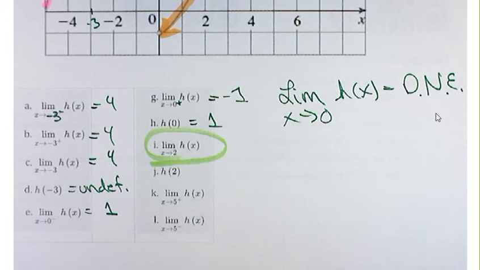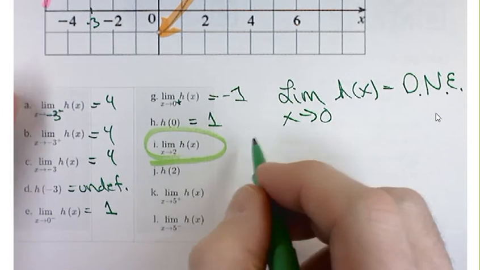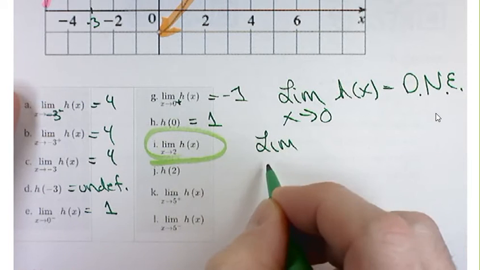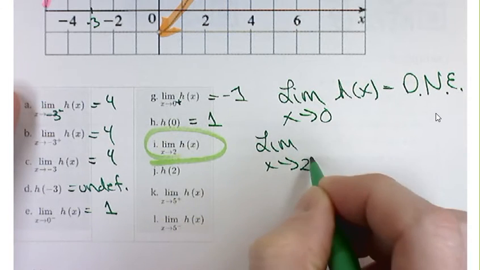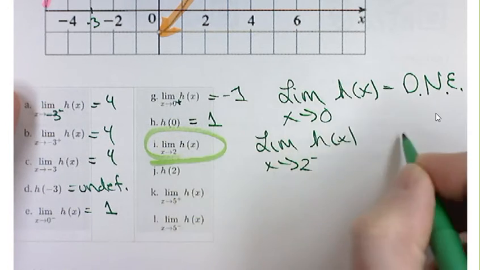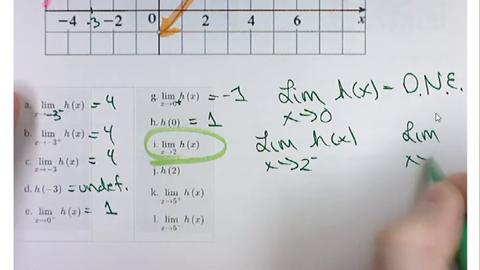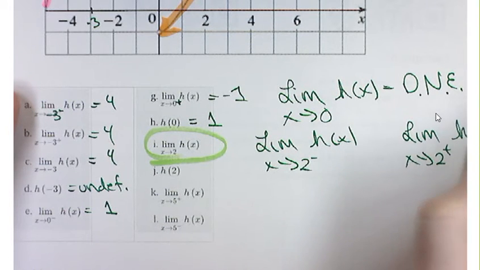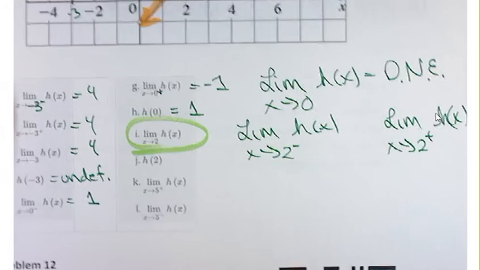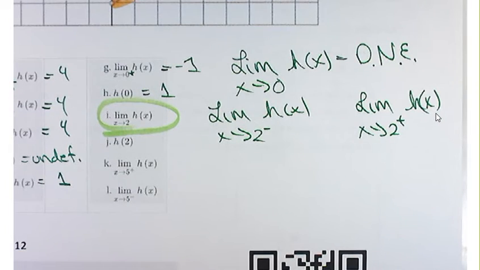You got to figure out what's that limit. Now, in looking at that limit, you really have to realize that, okay, I've got to look at the limit as x approaches 2 from the left of h of x, and the limit as x approaches 2 from the right of h of x. And I got to make sure that those two things are equal.